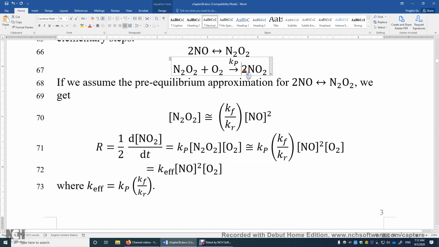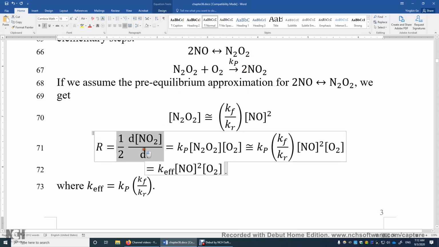But because of the coefficient 2 right here, we need to take that into account. We need to divide the production rate of NO2 by 2 to get the reaction rate. So again, the reaction rate is always the production rate divided by the coefficient, or the negative consumption rate divided by the coefficient in front of the reactant that's being consumed.